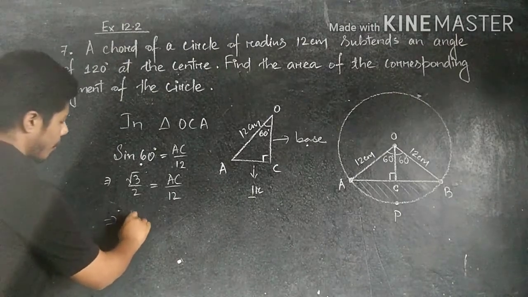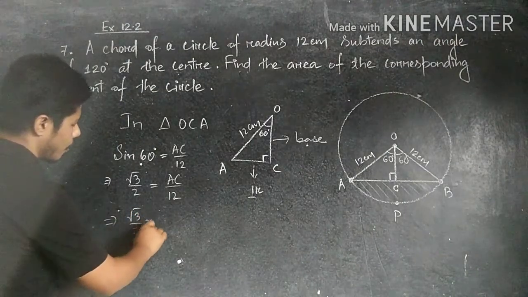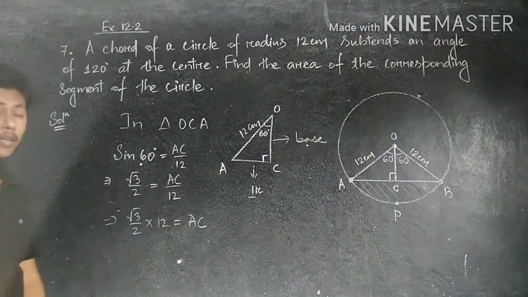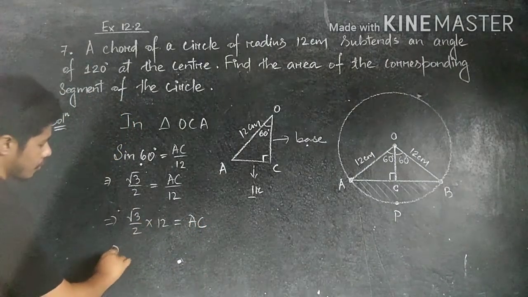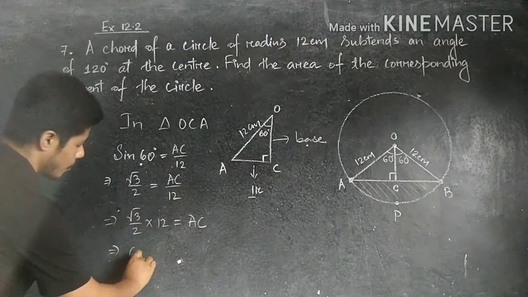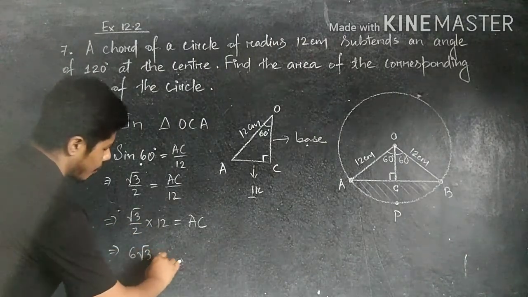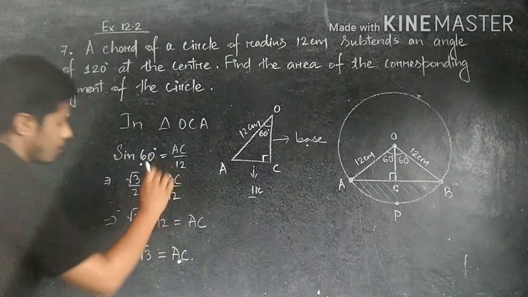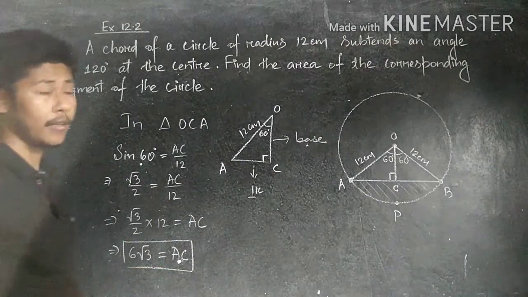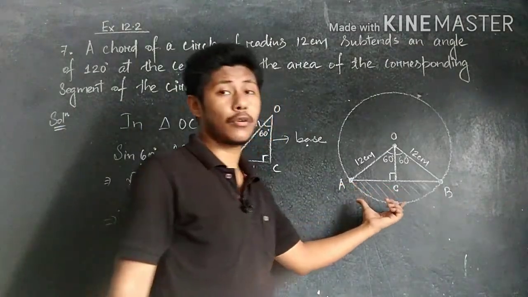So root 3 by 2 into 12 equals AC. Now if we calculate this, what do we get? 6 root 3. So AC equals 6 root 3.